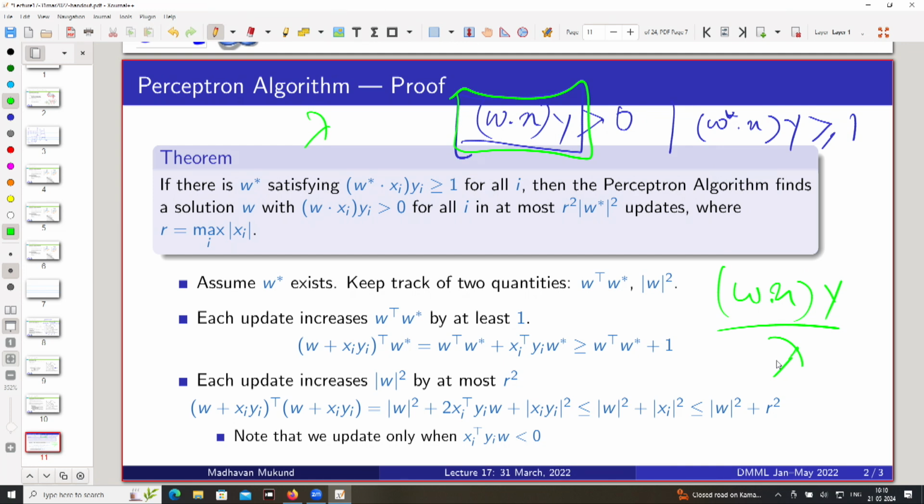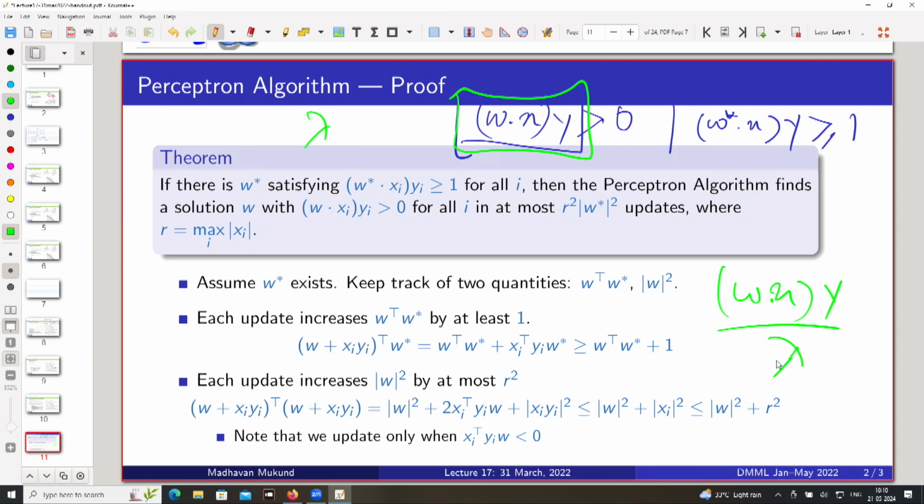And while we are running the algorithm, we have this vector w, which is always being updated. So we keep track of these two numbers. First is just the length of w that we have in the algorithm. Second is the dot product of w and w star. So let's look at these two quantities as the algorithm keeps running.